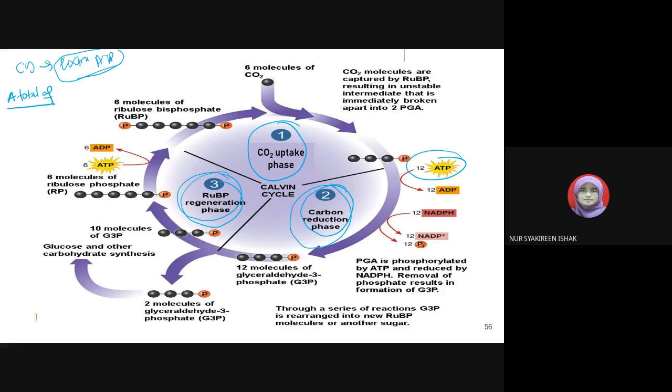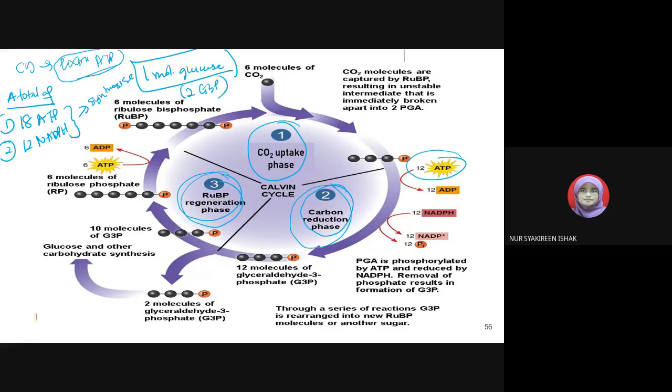Okay, so for the Calvin cycle, a total of 18 ATP is used, okay, and a total of 12 NADPH is used to synthesize 1 molecule of glucose ataupun 2 G3P molecules.